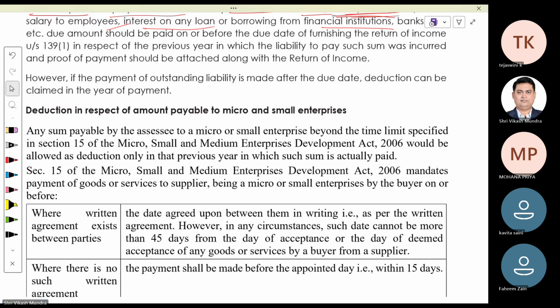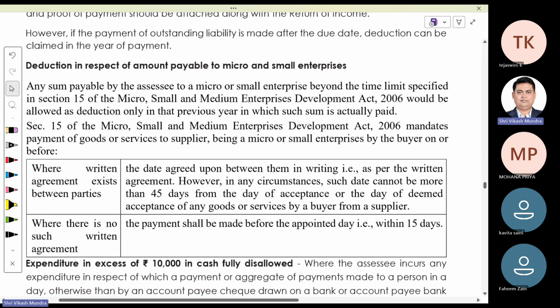And in case you are buying services from micro or small enterprises, then the deduction is available only if you made the payment within 15 days. If the payment has been made within 15 days or the due date of the payment as per your agreement, then only you are eligible for deduction.